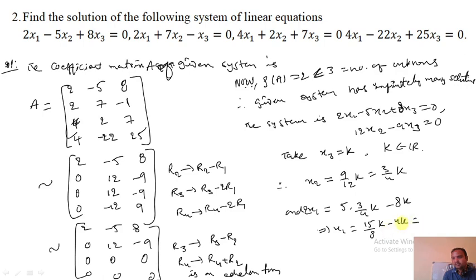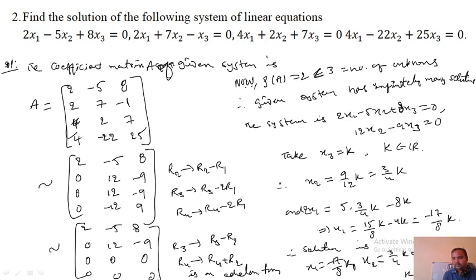That means 15 minus 32, 15 minus 32 by 8k, that is minus 17 by 8k. Therefore the solution is x1 equal to minus 17 by 8k, x2 equal to 3 by 4k, and x3 equal to k, where k belongs to any real number.